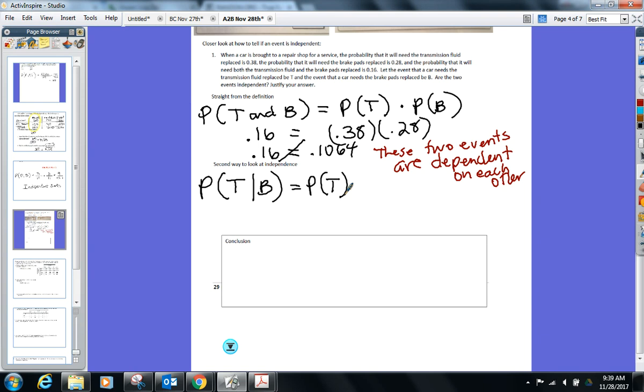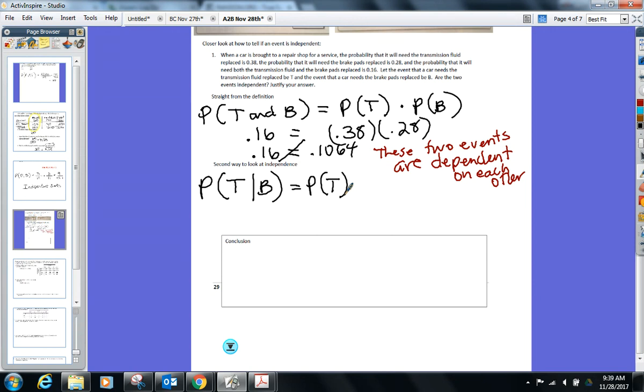It shouldn't matter what happened, right? Everyone agree? It wouldn't change this probability. If these two events are independent of each other, brake pads and transmission fluid, the probability should stay the probability that you got transmission fluid, regardless if you got brake pads or not.